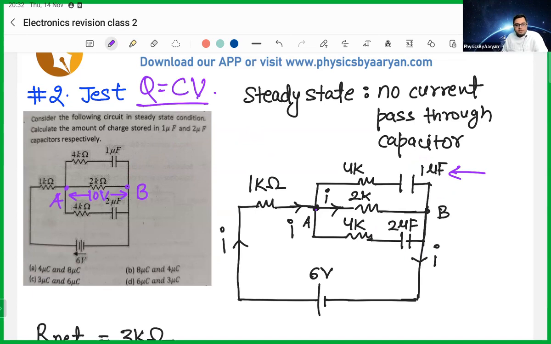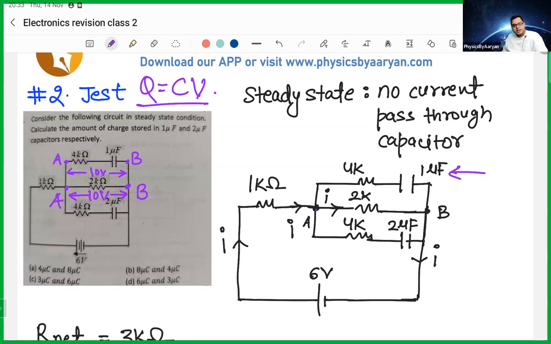Then the voltage between these two points will also be 10, because both of them are parallel, right? If this is A, then this is also A, and if this is B, this is also B. So if the voltage on the 2 kilo ohm resistance is 10 volt, then the voltage across this line is also 10 volt.